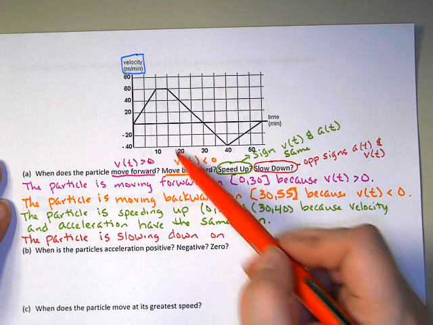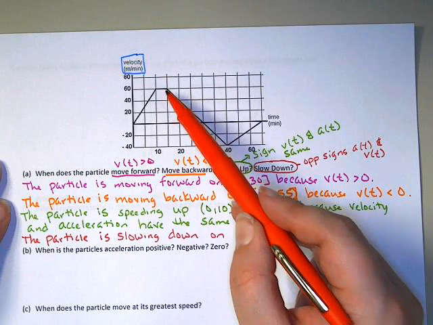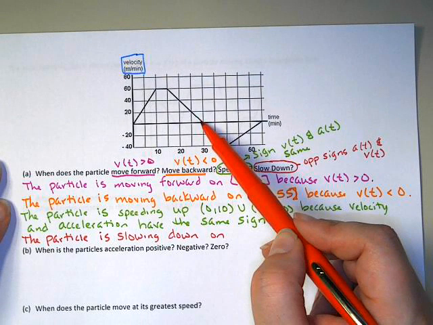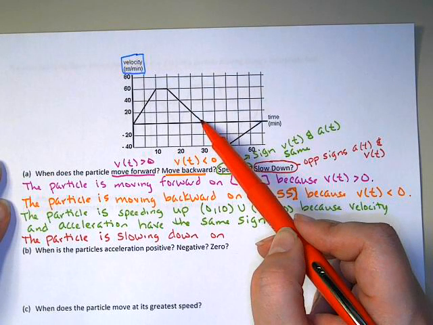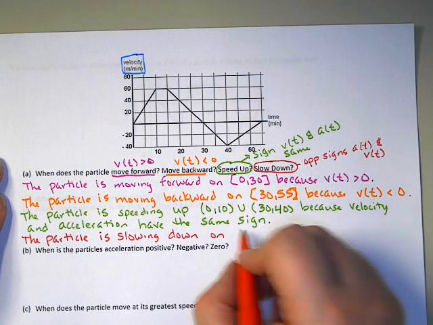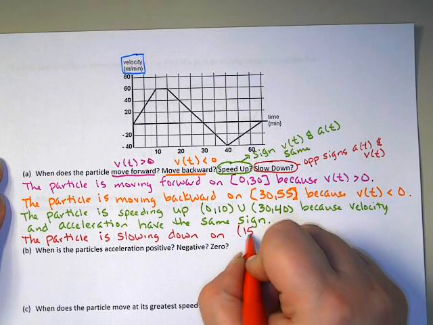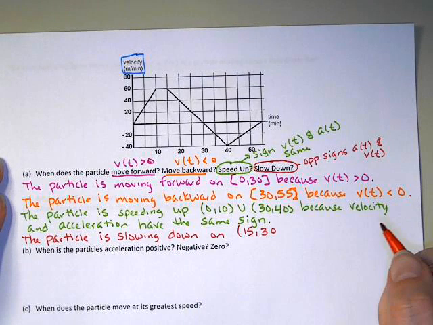Well, from 15 to 30, the velocity is positive, but it's decreasing, which means the acceleration is negative. So the particle is slowing down from 15 to 30.